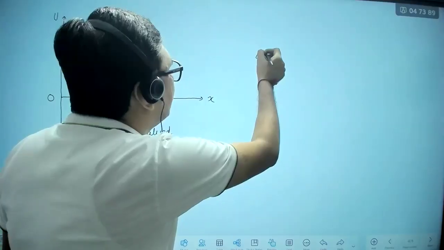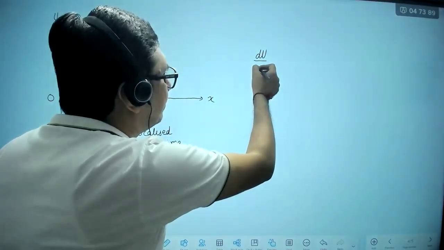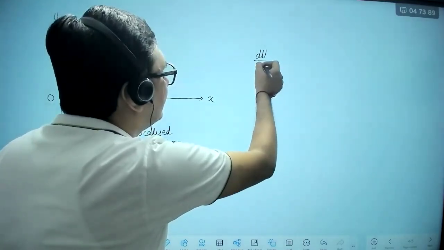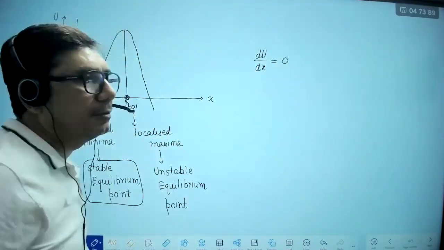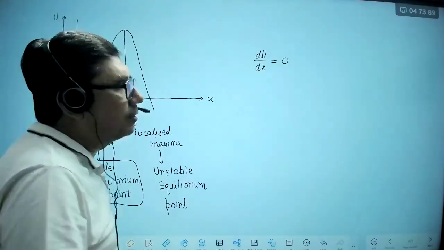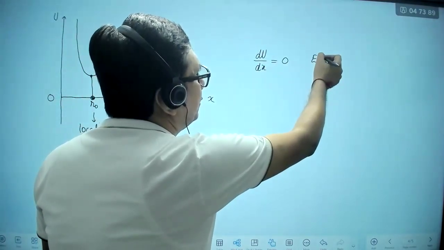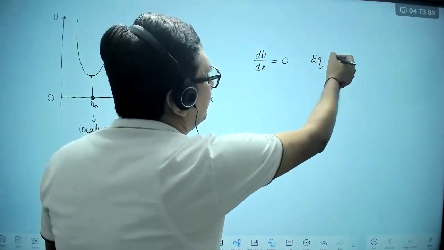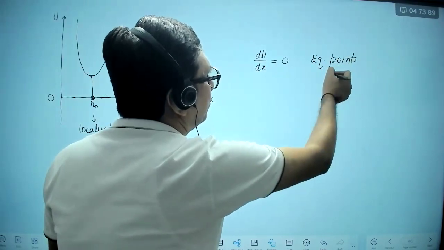The derivative of the potential energy should be 0. This is the condition of an equilibrium point. So from here I find two equilibrium points.